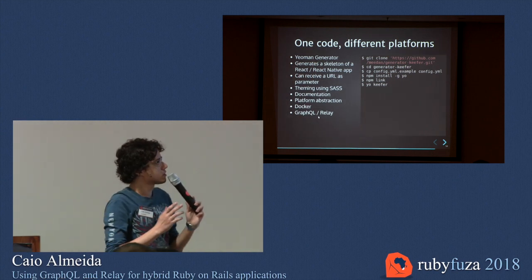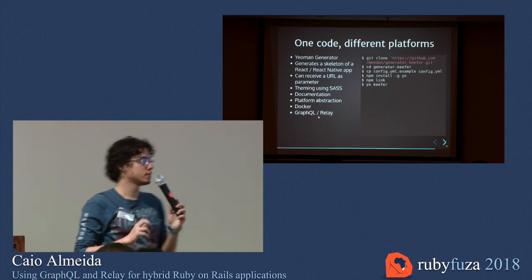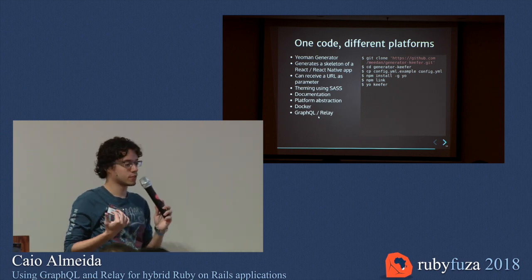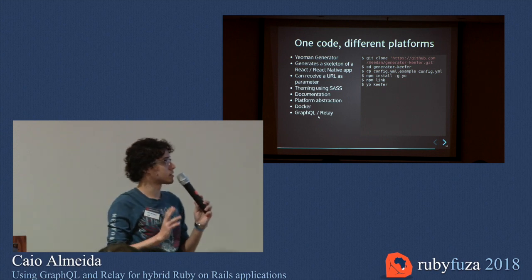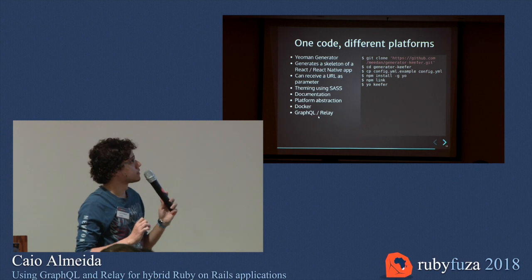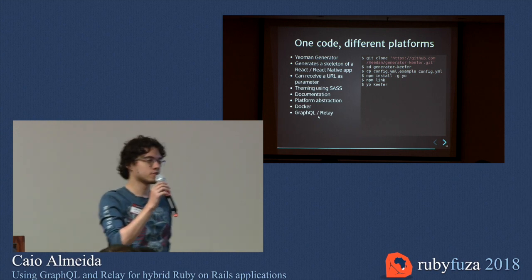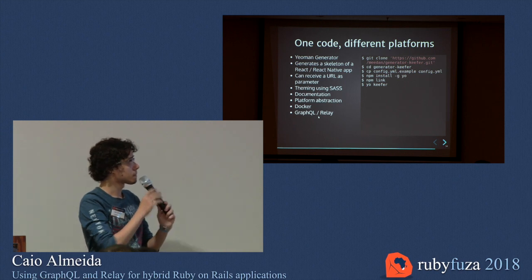So using this whole stack of GraphQL, React Relay, React Native, we are able to implement this architecture that I was talking about in the beginning. This way, we can have one code only on the front end that runs in different platforms.